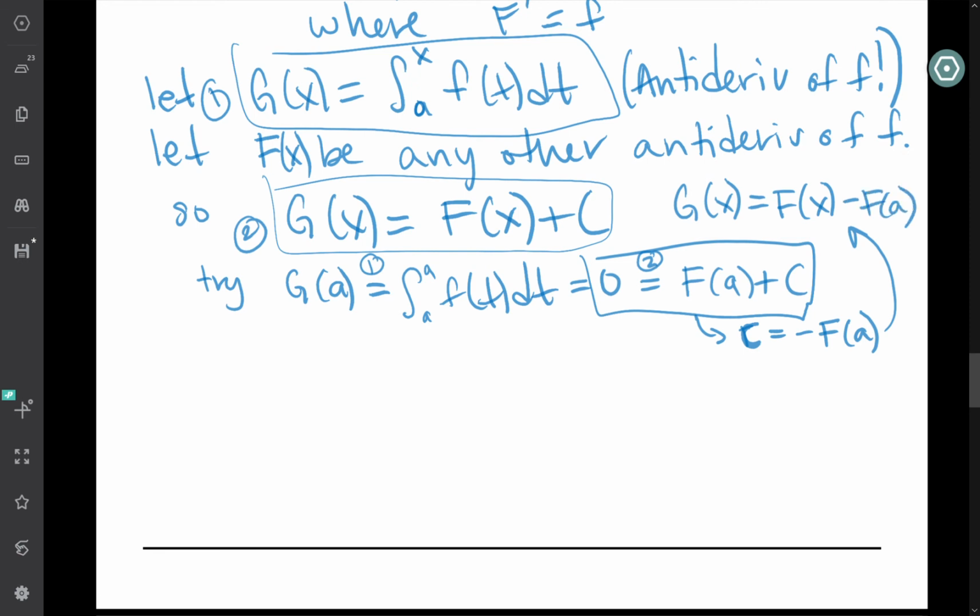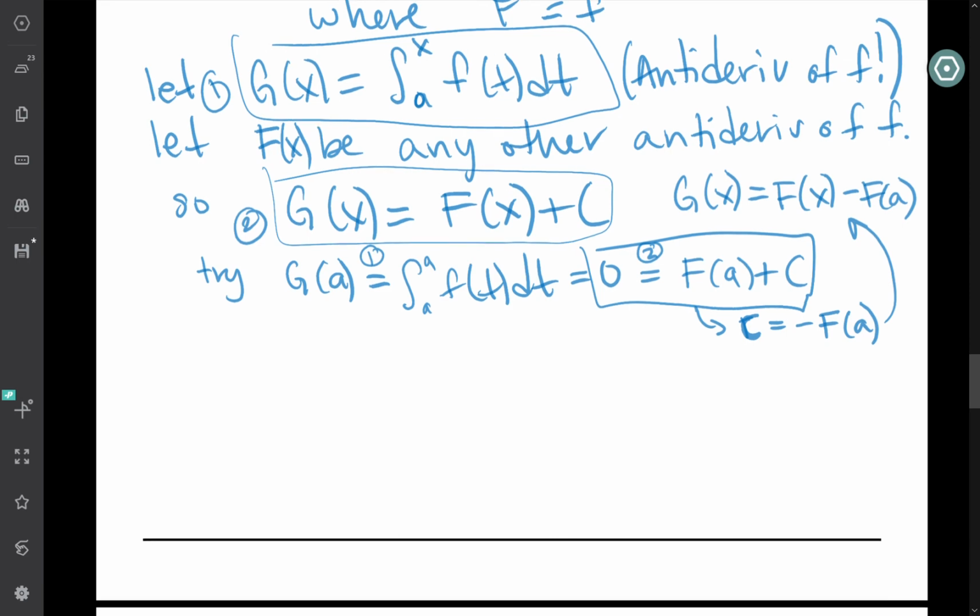Okay, and then if we really want to wrap this up, we need to try g of b. We know from number 1 that g of b is the same as the integral from a to b of f of t dt. We don't know that that's 0.